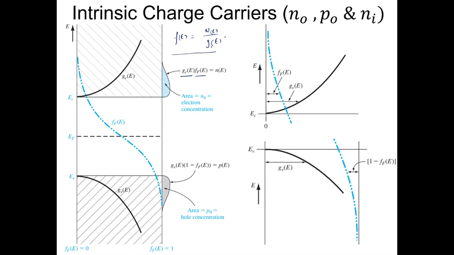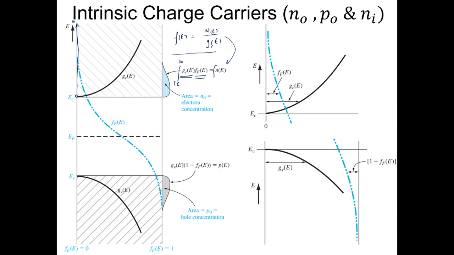So from this relation, of course, you can calculate the concentration relation as a function of energy as well, and that is nothing but the product of the density of state and the Fermi-Dirac distribution. Now if you want to find the total concentration, you have to integrate for the entire energy range. So if it is conduction band, you integrate from the conduction band edge all the way up to infinity.